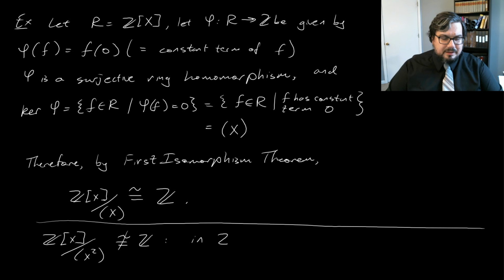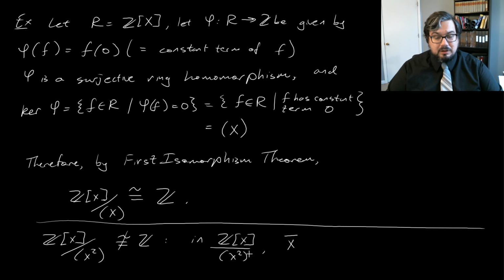In the ring Z adjoin X mod X squared, if I look at the element X, or X bar, in this factoring, and multiply it by itself, then that would be the equivalence class of X squared, or the coset with representative X squared. But in this ring, X squared is 0. By quotienting out by the ideal generated by X squared, we've said that X squared is equal to 0, so we've got 0. So we just took, in this ring, two non-zero elements of the ring, multiplied them together to get 0.